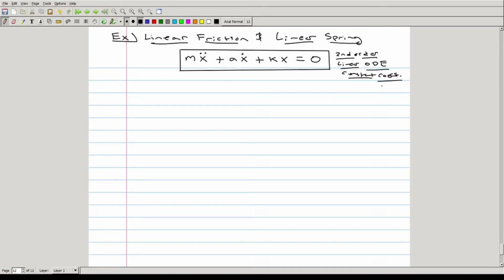So it's the general type of second order equation that you learn how to solve in a typical ODEs course.